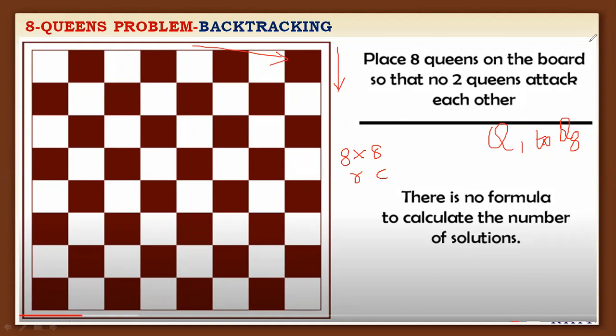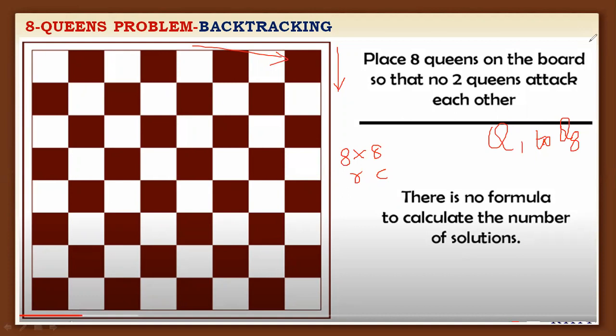Finally, in a safe mode, without any attacking, you can arrange all 8 queens on an 8 by 8 chessboard. That can be done by using the backtracking technique.